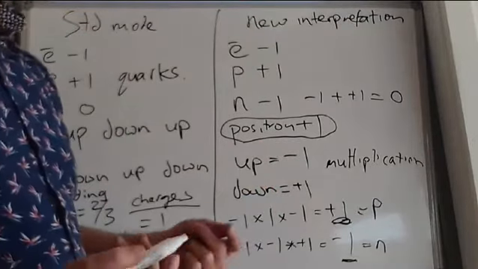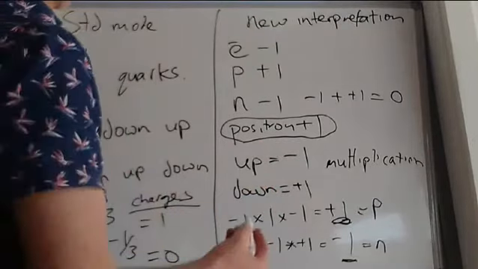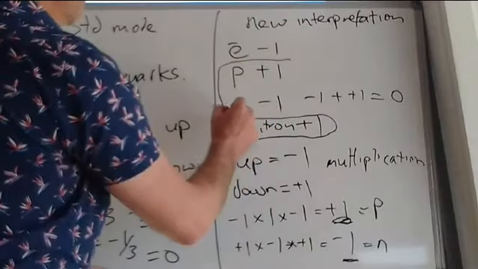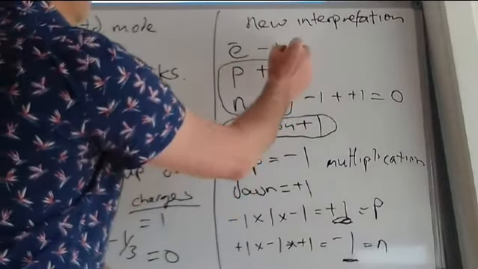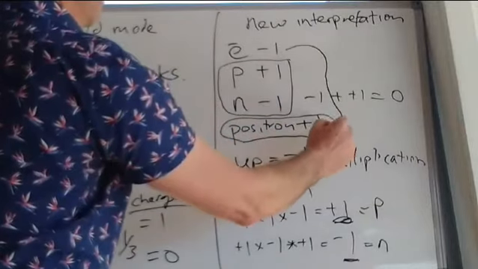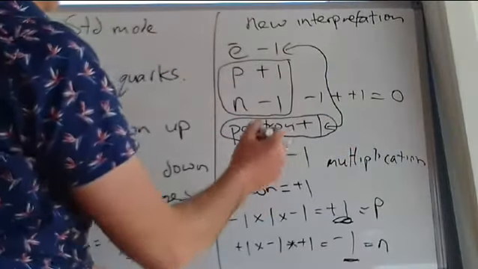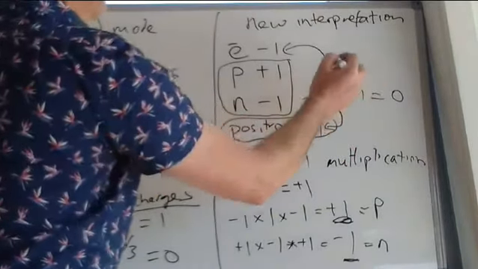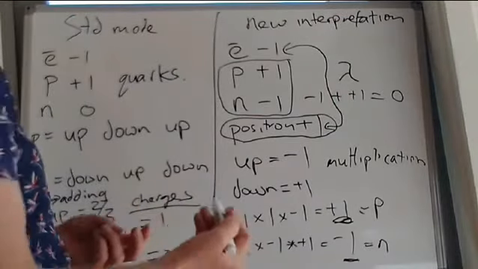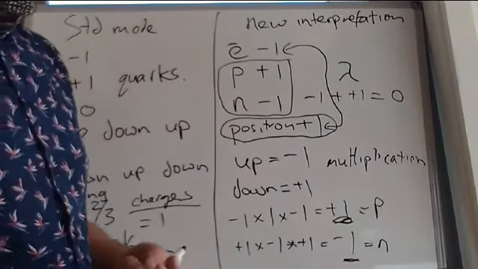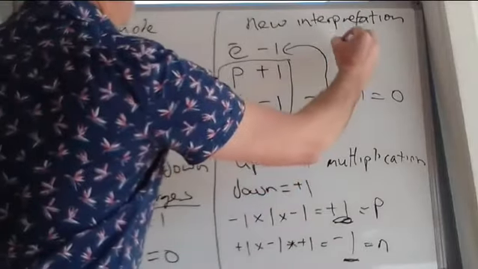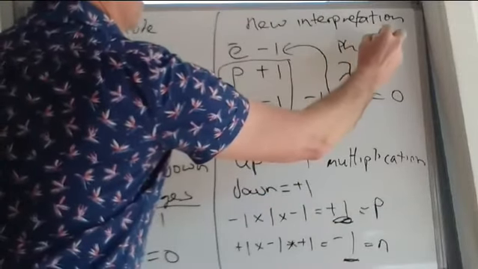So there is a symmetry here and a symmetry here. So this is a lambda wavelength between the positron and the electron. So this is a photon. So now we're building in light within the structure of an atom.